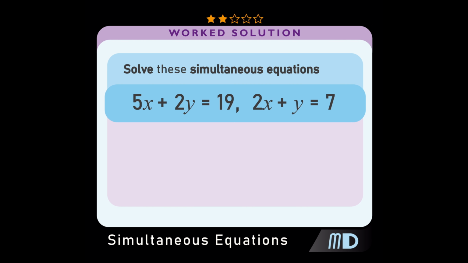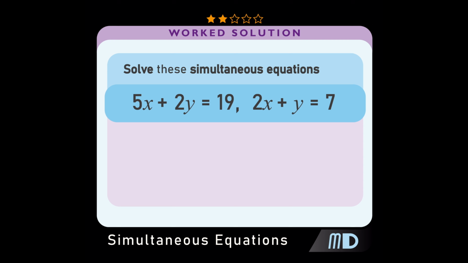Then, by subtracting the equations, we can eliminate one of the variables, forming an equation with the other unknown variable that we can solve to find its value, before substituting that value back into one of our equations to find the value of the other variable.